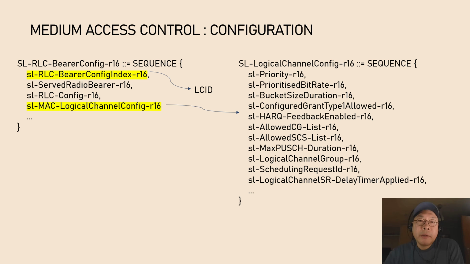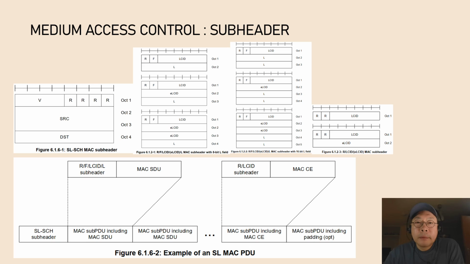The logical channel can be identified by the LCID, logical channel ID, specified in the SL-RLC-BearerConfig. The MAC layer subheader is structured as shown here. Unlike the upper layers, the MAC layer does not create a single PDU to pass to the lower layer.